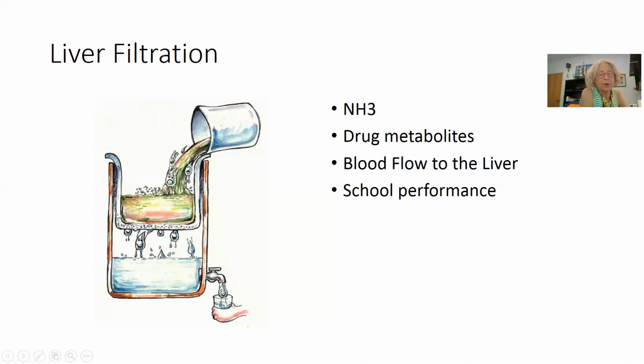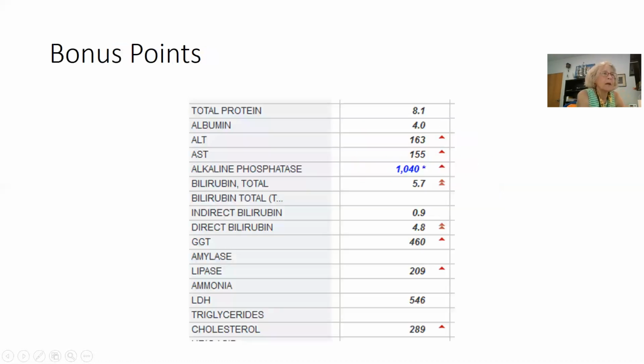You may have someone who got A's and B's and now they're suddenly getting D's and F's. And in talking to them, they seem like they're okay, but they really have some low-grade encephalopathy. These are just kind of bonus point quirks.